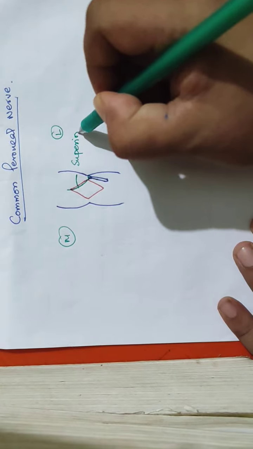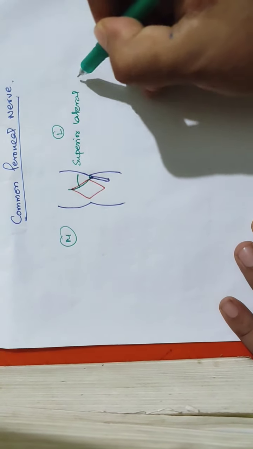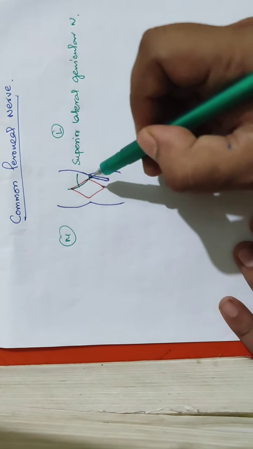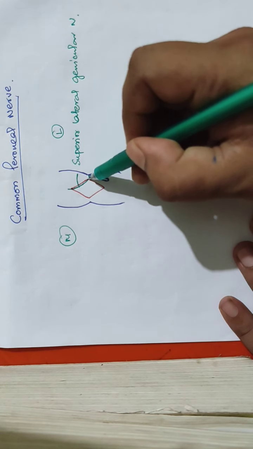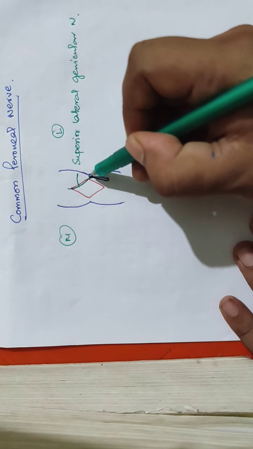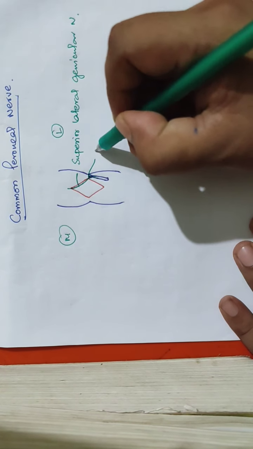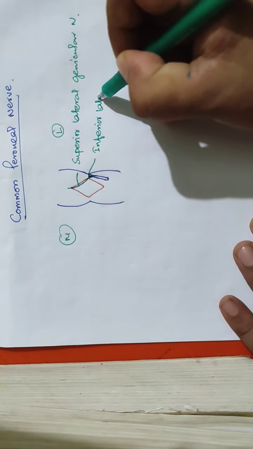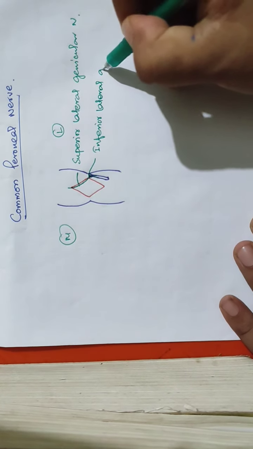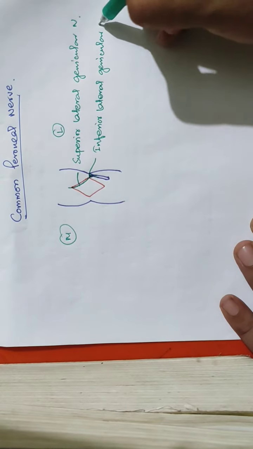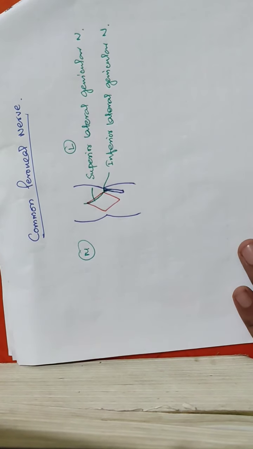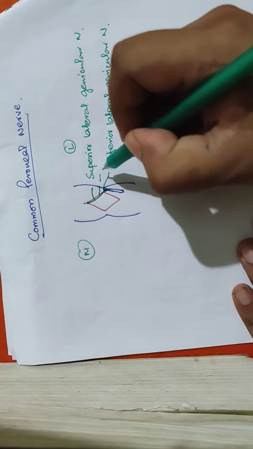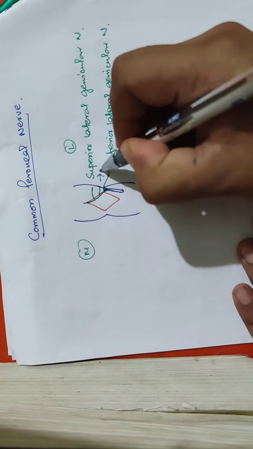And next is the inferior lateral genicular nerve, and in the middle is the recurrent genicular nerve. This is called the recurrent genicular nerve.